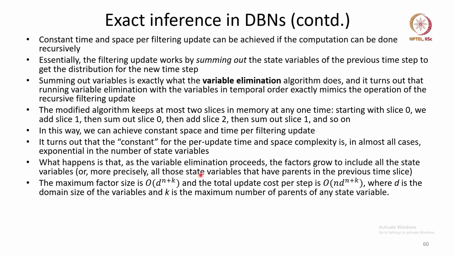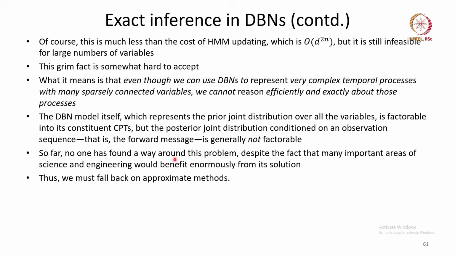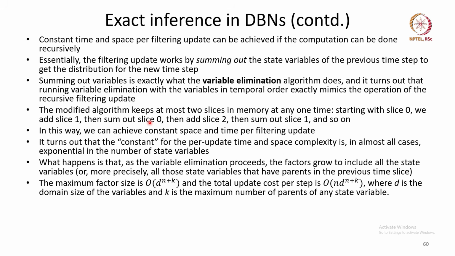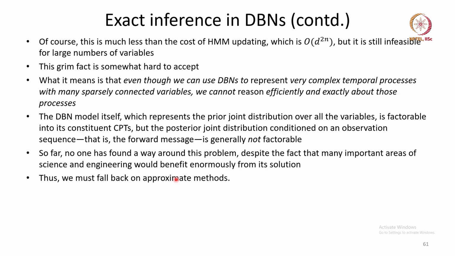So we can say that the maximum factor size is order of d to the n plus k, where d is the domain size of the variables and k is the maximum number of parents of any state variable. Okay, so you see which state variable has the maximum number of parents, so that is k. So you use k over here. Even though if you use the HMM, okay, we got over here order of d to the n plus k, but in the case of HMM you will get order of d to the 2n.